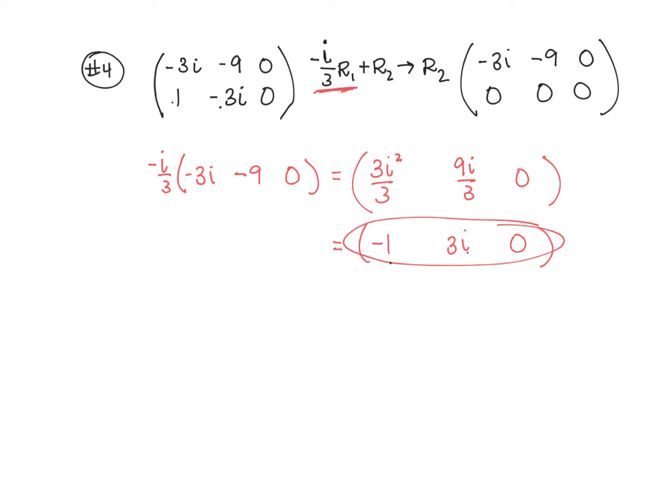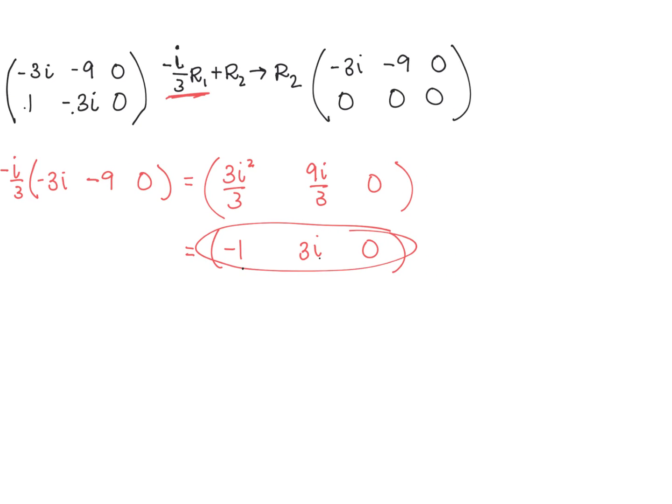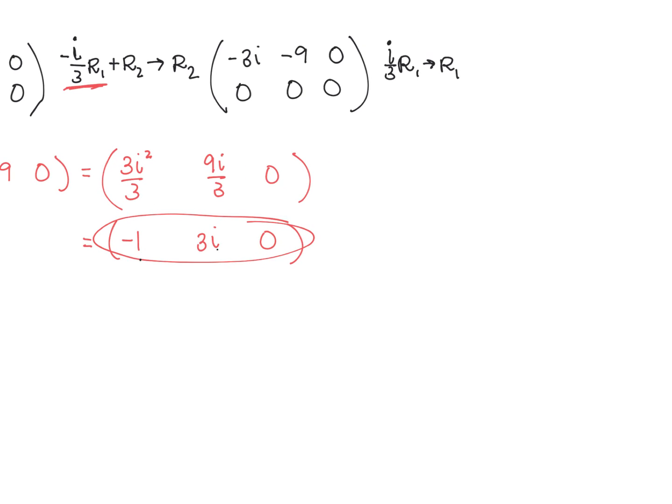Now, my next step in this problem would probably be to take and multiply. I want it to be positive 1. So I would probably at this point multiply row 1 by, do I need a negative? I don't need a negative. Let's do positive i over 3 again by row 1 and put it in row 1. So positive i over 3 this time.